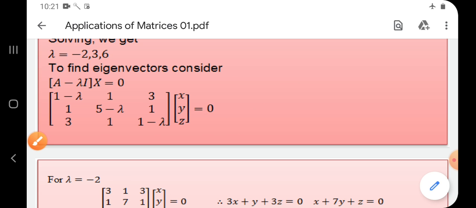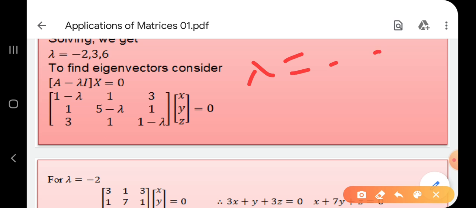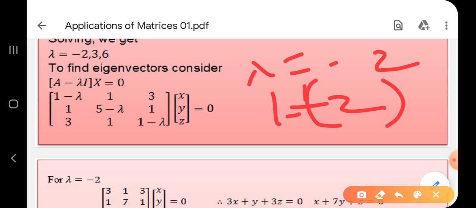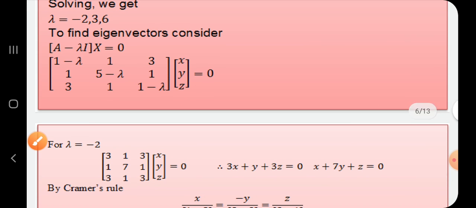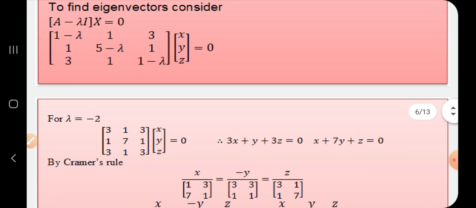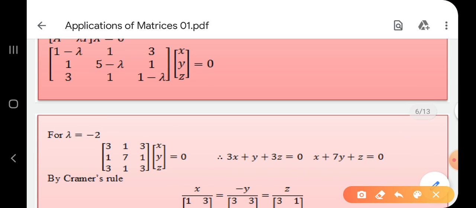Now put the first value, lambda equal to minus 2. Substitute here: 1 minus of minus 2 becomes 1 plus 2, that is 3. Understood? So here 3, then 1, 3. Then 1, 5 plus 2 is 7, 1.